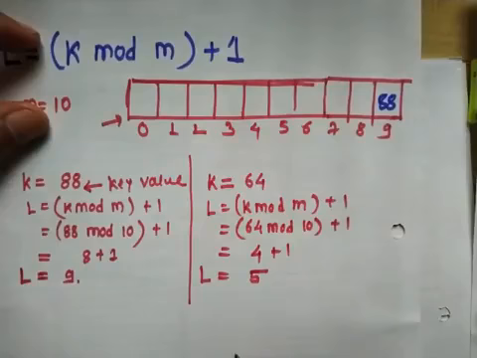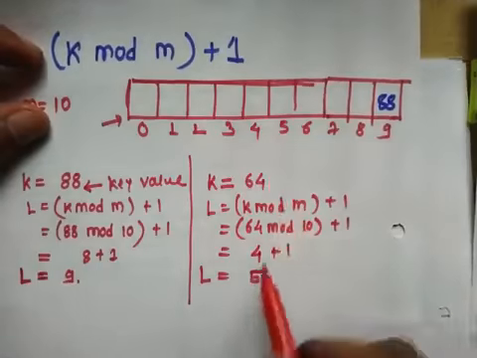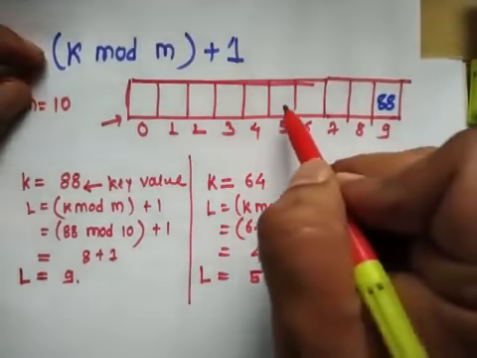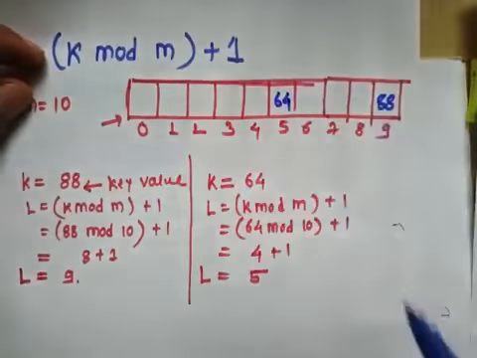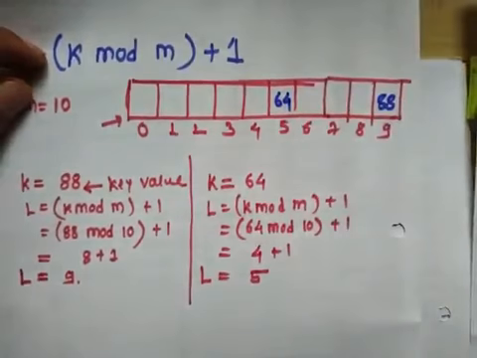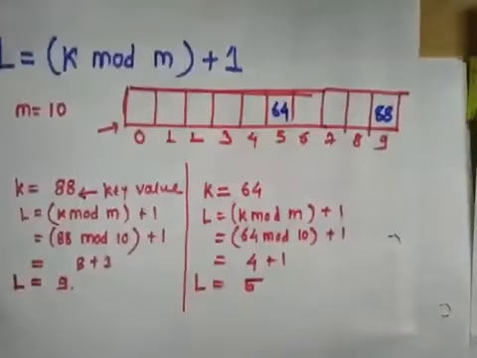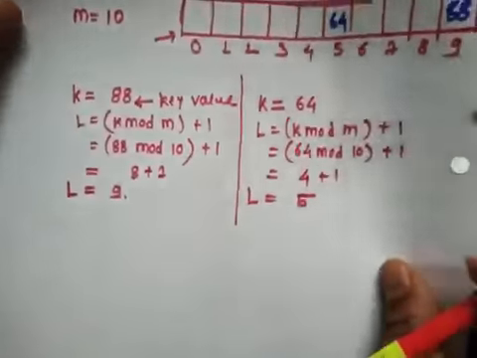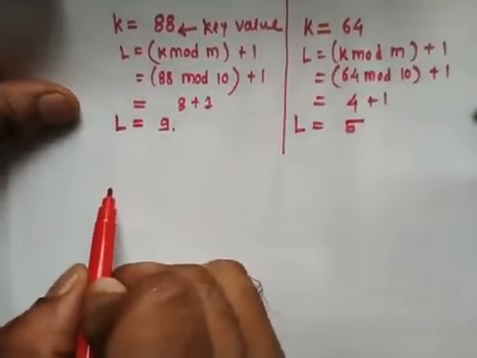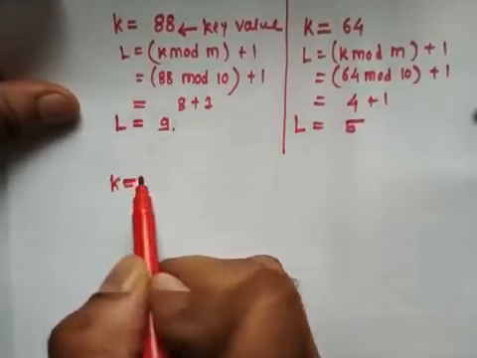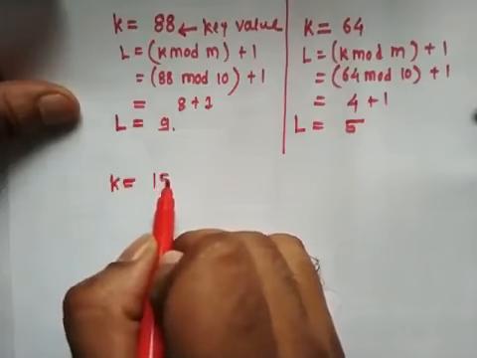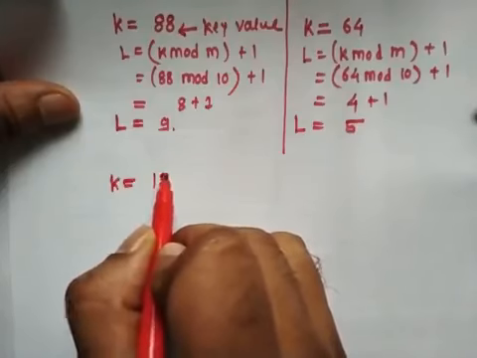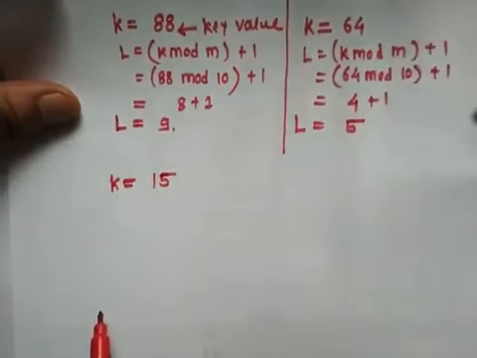At index location 5, we are going to store the element 64. So here comes your 64. Now let's take one more element, K is equal to 15.